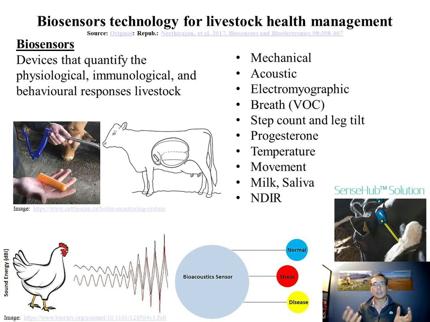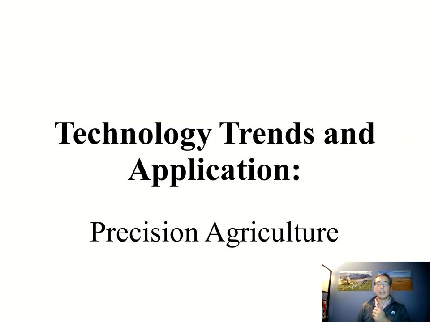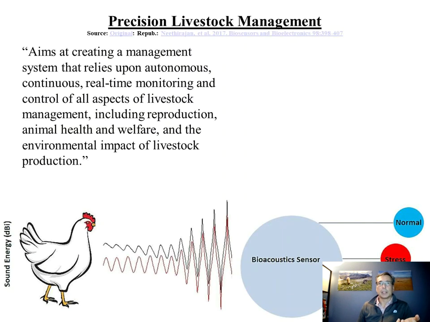There's lots of sensors that you can place on the outside of the animals, or in some cases even on the inside, to actually measure what's going on with the animal, and then have those sensors send signals back to the operator so that they can deal with it. So how can we use all of these sensors in precision management?